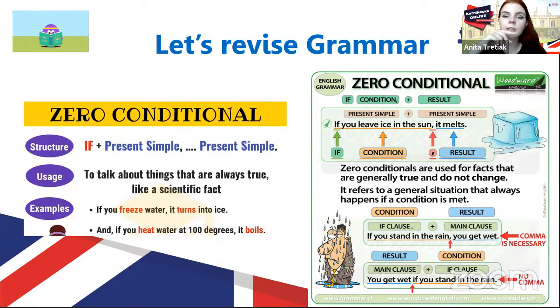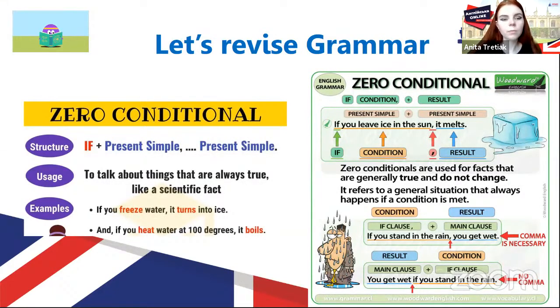So if something happens, then another thing happens. So if this condition is true, then the next one is true as well. And today we're talking about zero conditional. And let's see when we use this and what structure we've got.